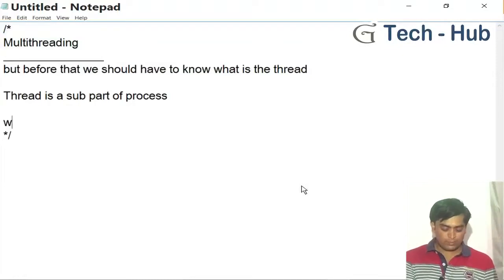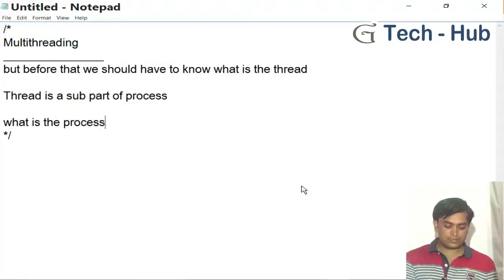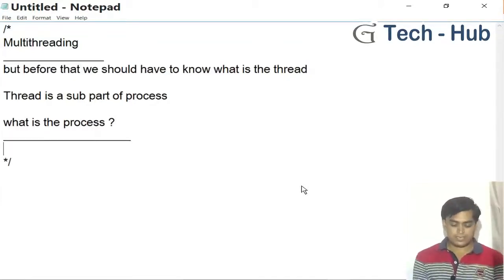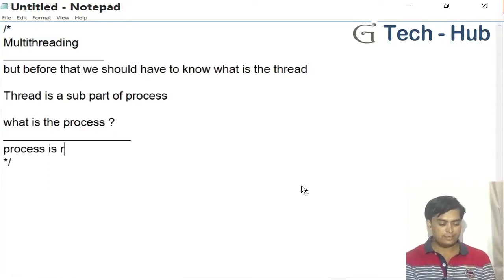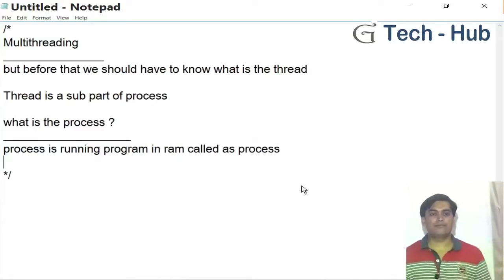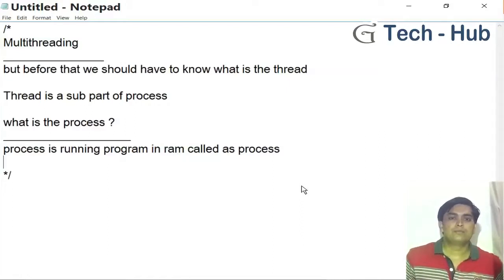So what is a process? We can say a process is a running program in RAM. What is the meaning of this? If we execute a program in RAM, then we can say it is a process.